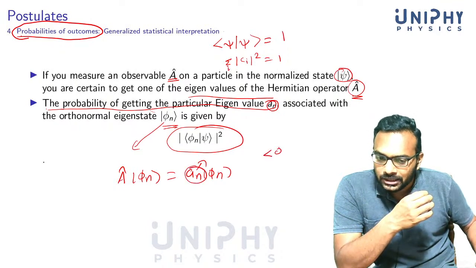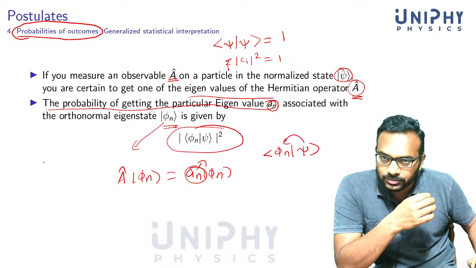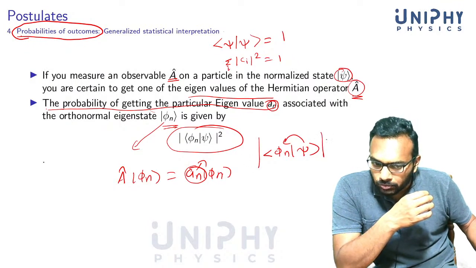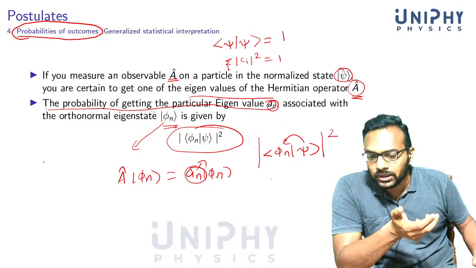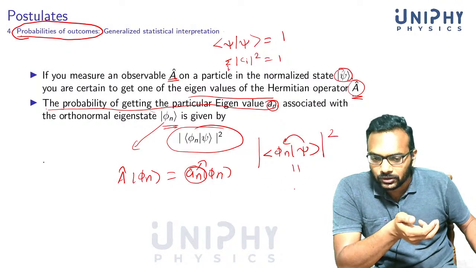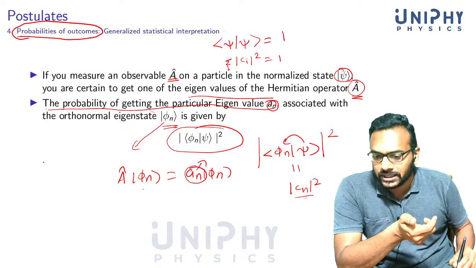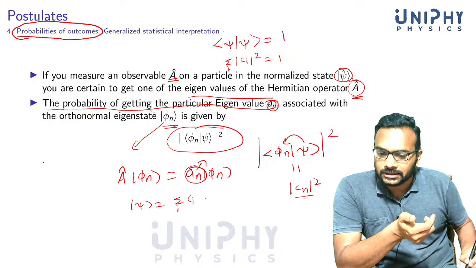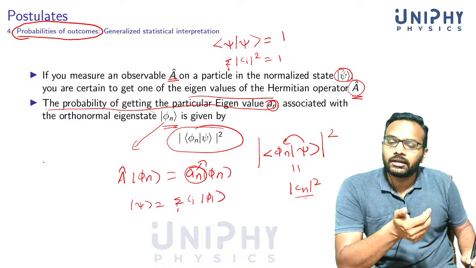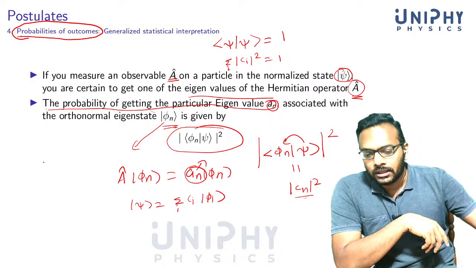It is simply the projection of the given vector onto the corresponding eigenvector, modulus squared. We also wrote this as modulus of Cn square, where Cn is the expansion coefficient when you expand the given state in terms of the eigenvectors of A.